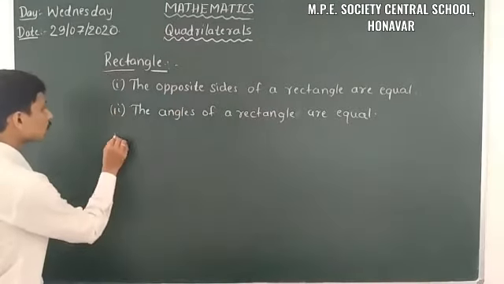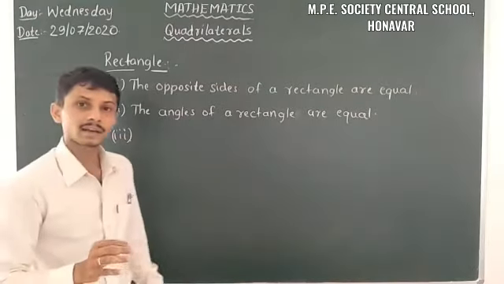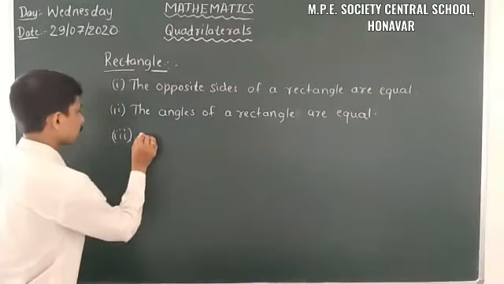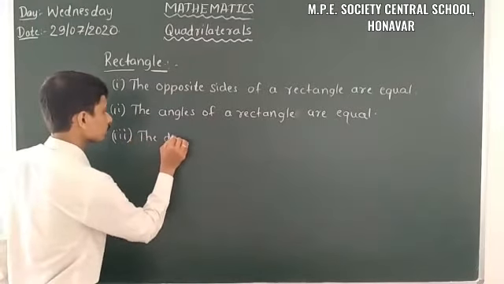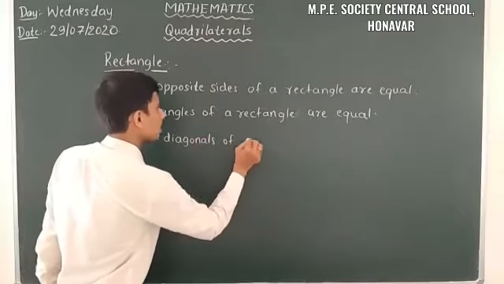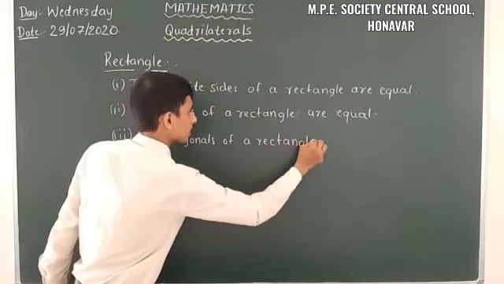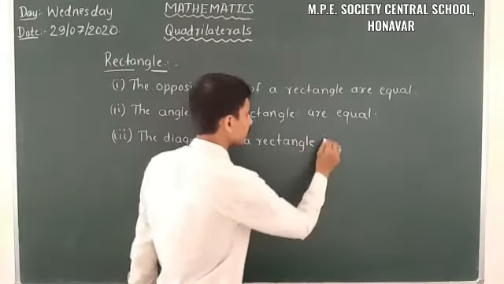Next, the third one is the diagonals of a rectangle bisect each other.